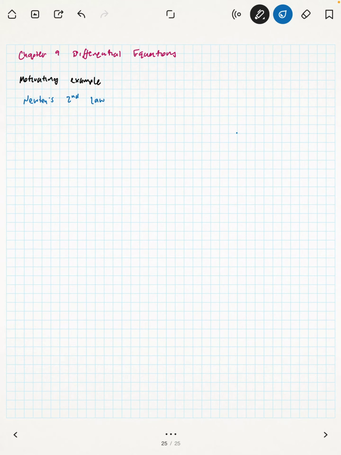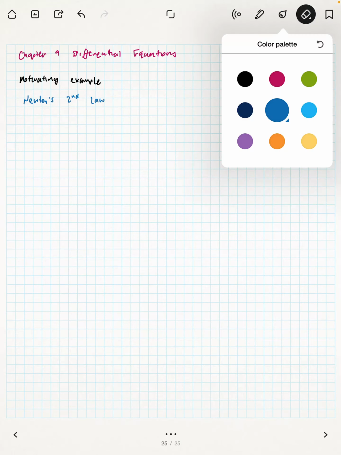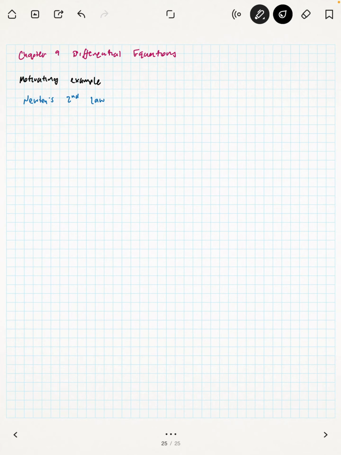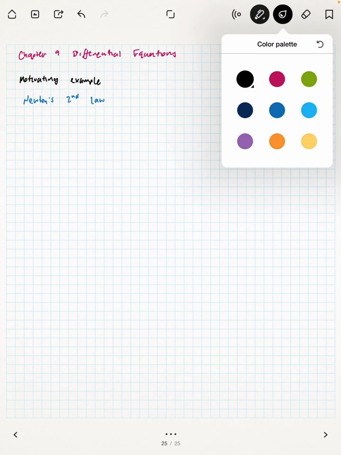which, if it's been a while since you've taken physics, or even if it hasn't, let's just go over briefly. Newton's second law of motion, a law of nature that Isaac Newton proposed, governs how all objects move with respect to a force applied to it, which is that the force applied on an object will dictate its acceleration.